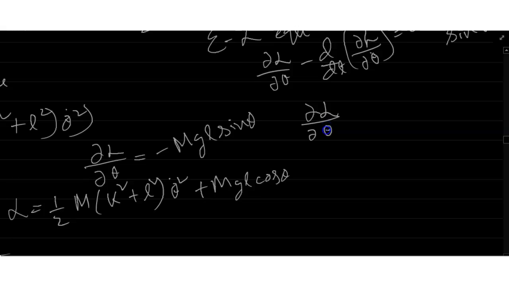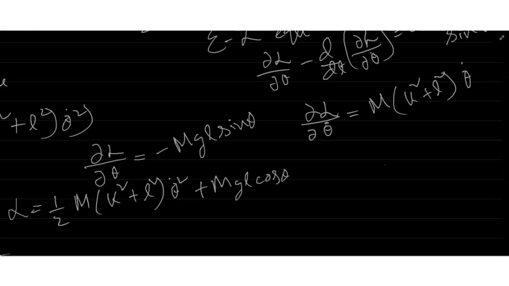Del L by del theta equals minus mgL sin theta. Del L by del theta dot is equal to M (K square plus L square) theta dot.